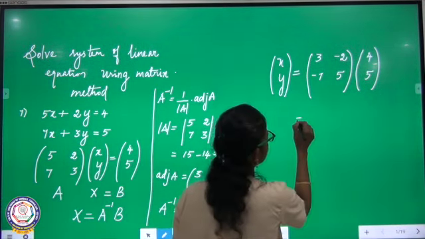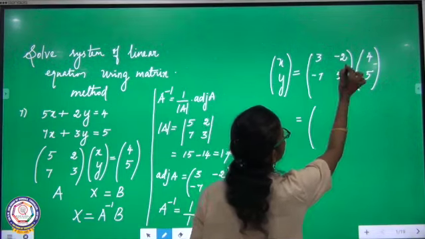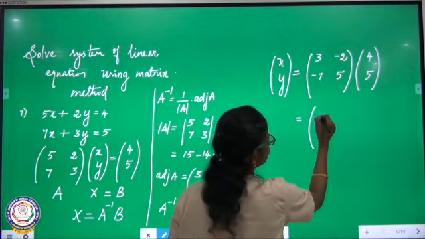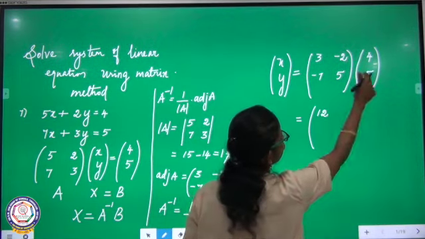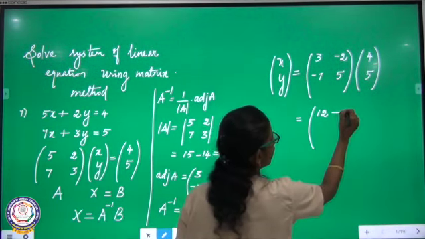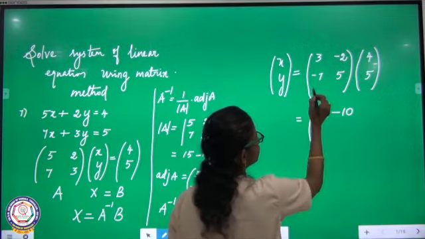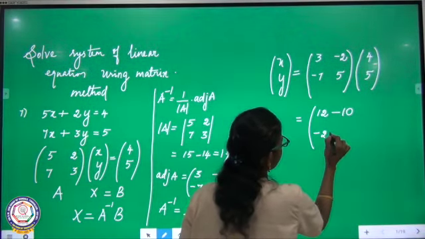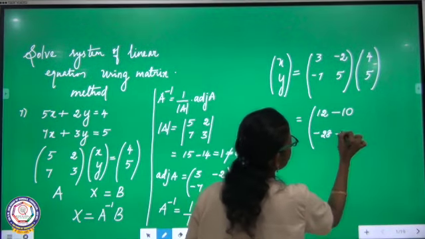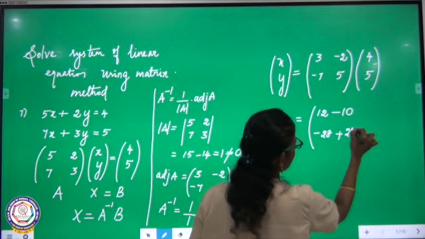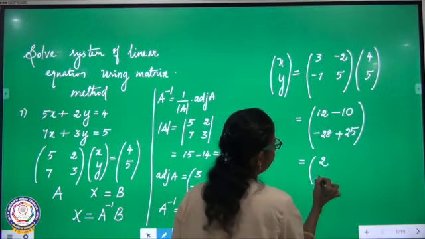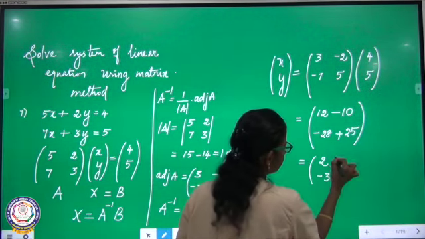Which is equal to first row, first column: 3 4s are 12, 2 into 5, 10, minus 10. Next, second row, first column: minus 28 plus 25, which is equal to 2, minus 3.